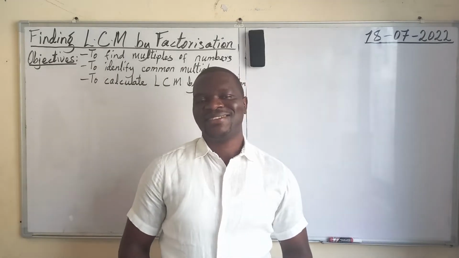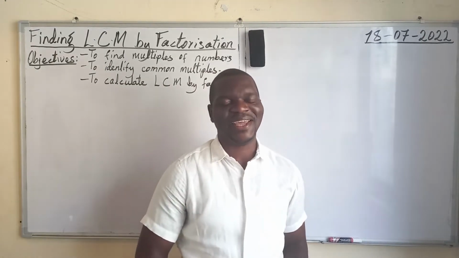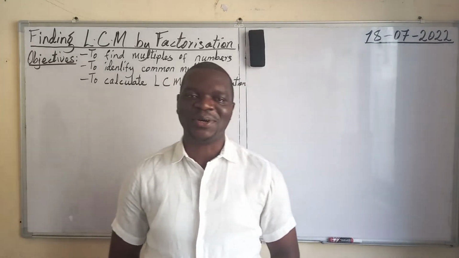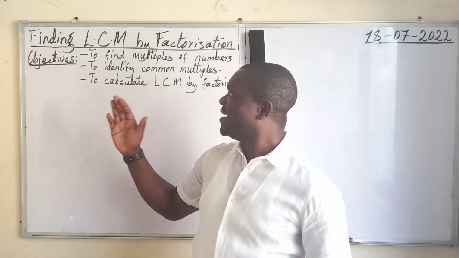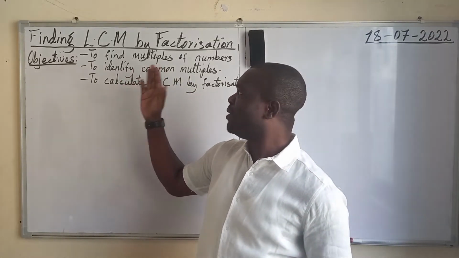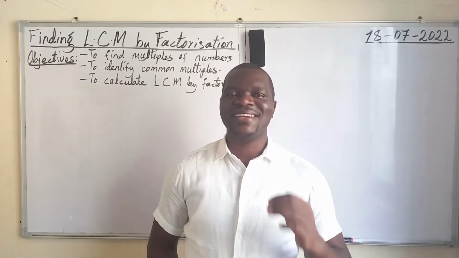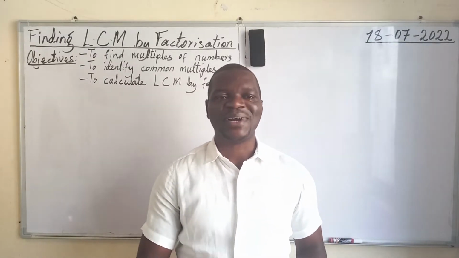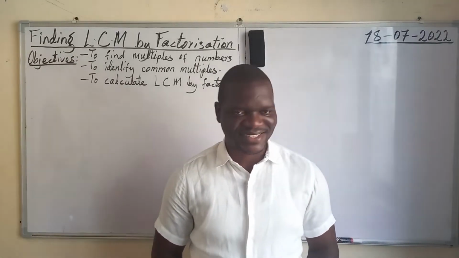It's another day, and we want to look at a special lesson today. Today's lesson will be on multiples, and our focus will be on finding LCM, that is, lowest common multiple by factorization. With this, it will be easy for you to find the lowest common multiple without any stress.